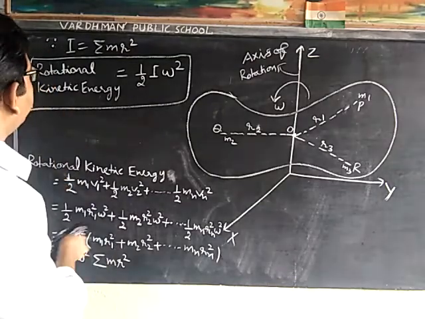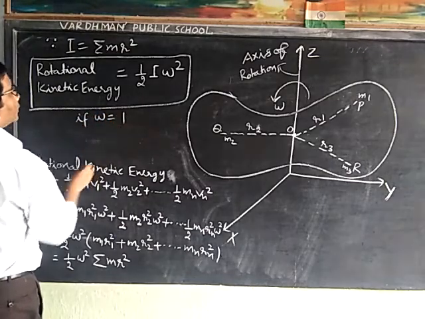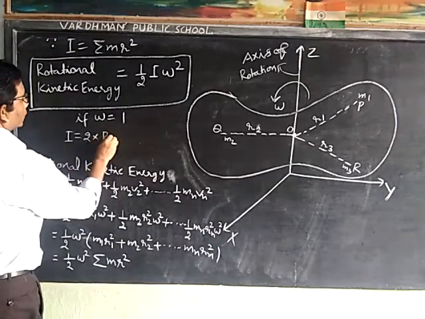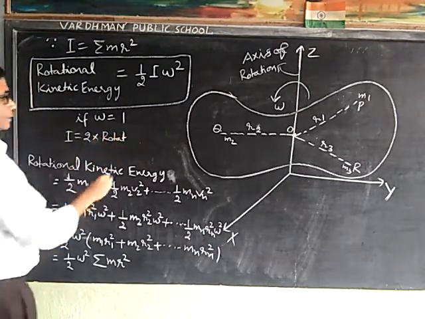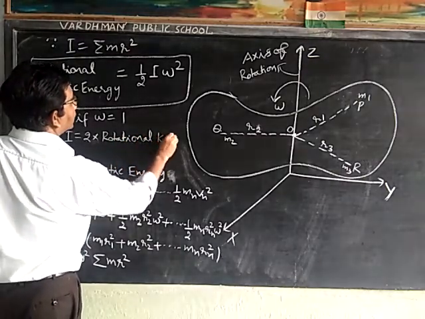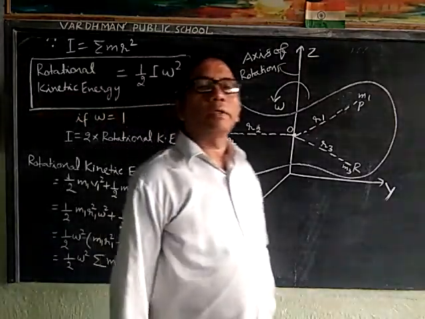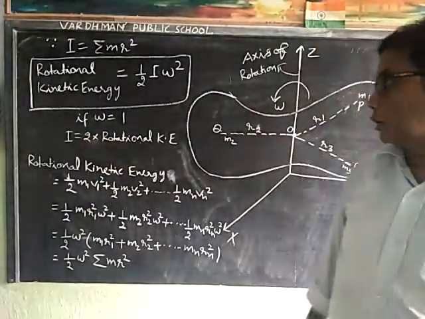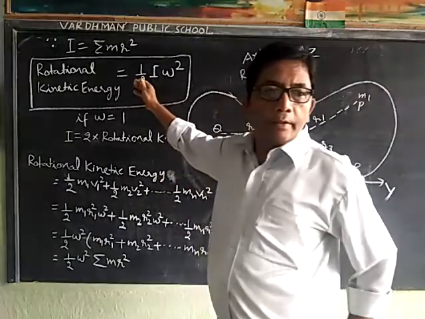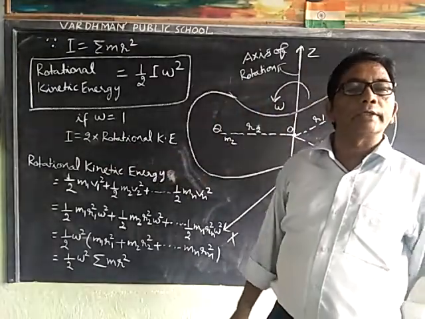Now if omega is equal to 1, then rotational kinetic energy is half I, or I is equal to 2 into rotational kinetic energy.